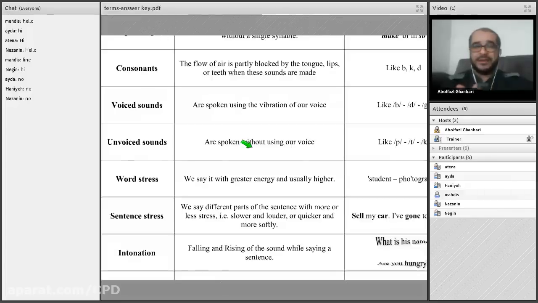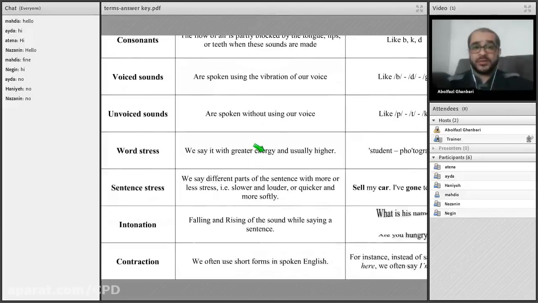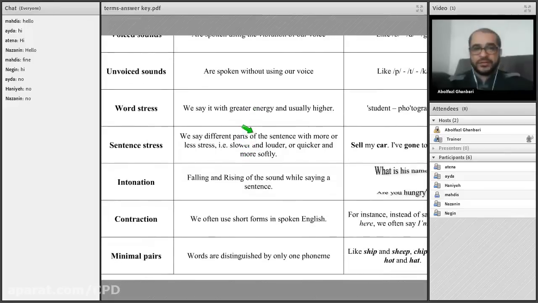You feel a vibration on your vocal cords. But with unvoiced sounds, we do not have any vibration. P, p, p. Because we pronounce them with our lips, with our mouth, and there is no relationship between pronouncing those sounds and our vocal cords. We call them unvoiced sounds.